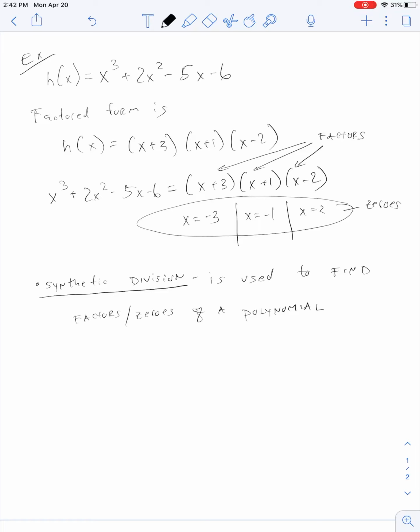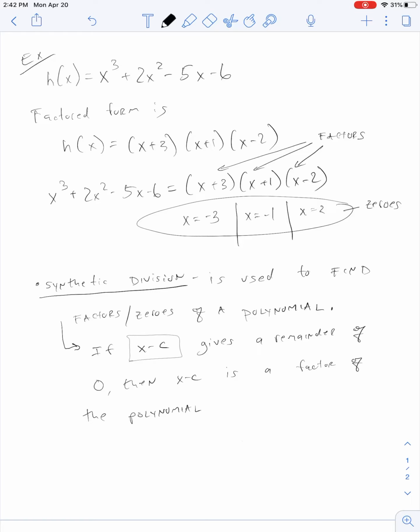It tells us that if x minus c gives a remainder of 0, then x minus c is a factor of the polynomial.